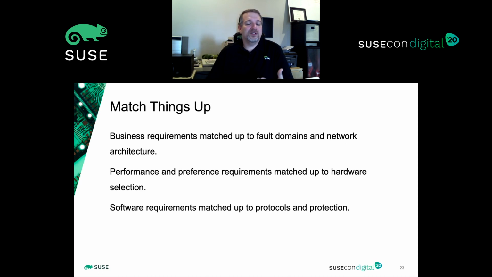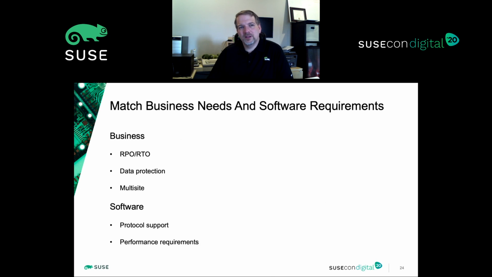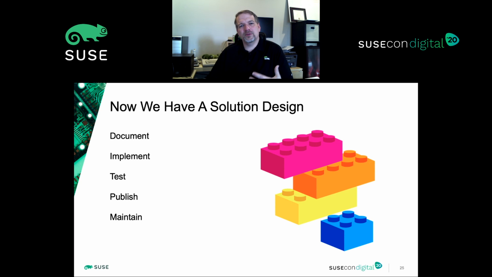Are the third-party software requirements met in a way that provides all of the business requirements for availability and performance? So again, when we look at business requirements, you're also looking potentially at things like RPO, RTO, data protection, multi-site needs. There's lots of things here. We've already talked about the software with protocol support and performance requirements, just making sure all of those have come in. And at the end, we have a solution design.